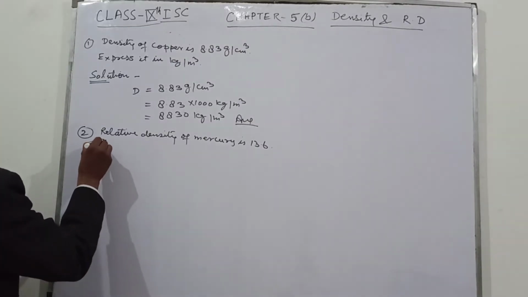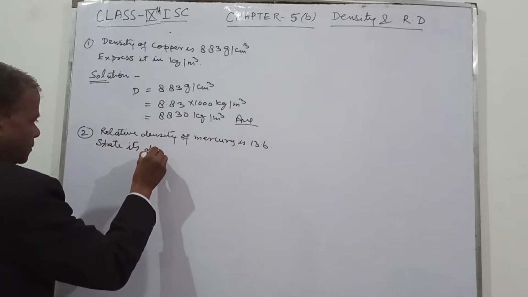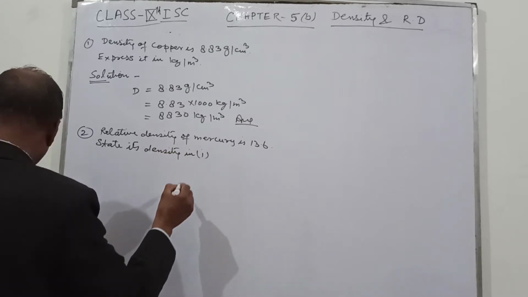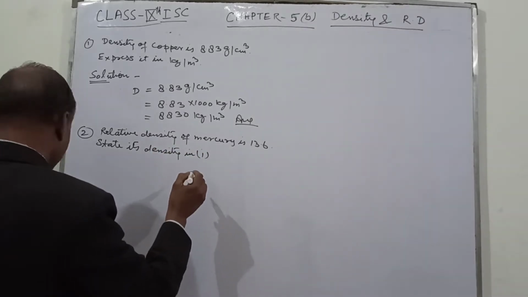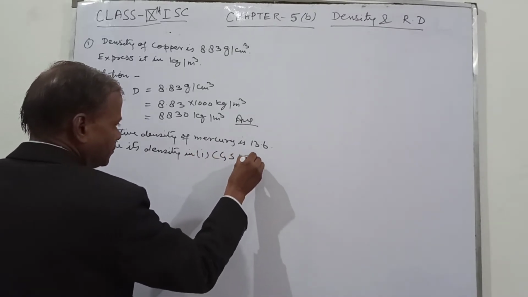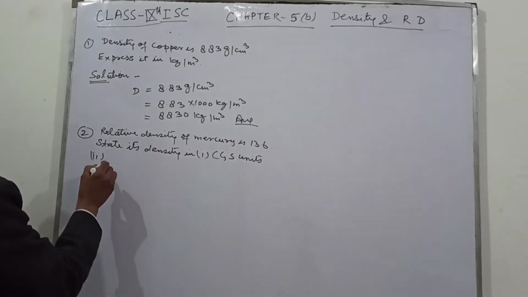State its density in number 1, the CGS units, and number 2, SI units.